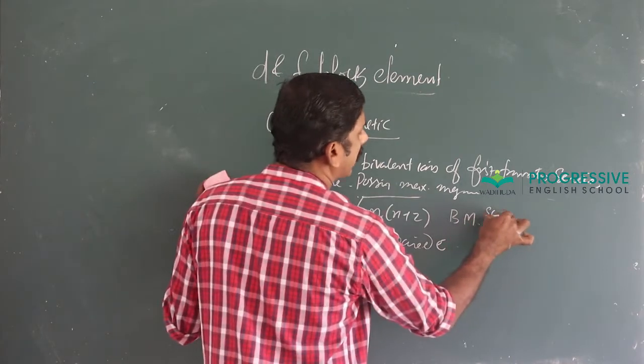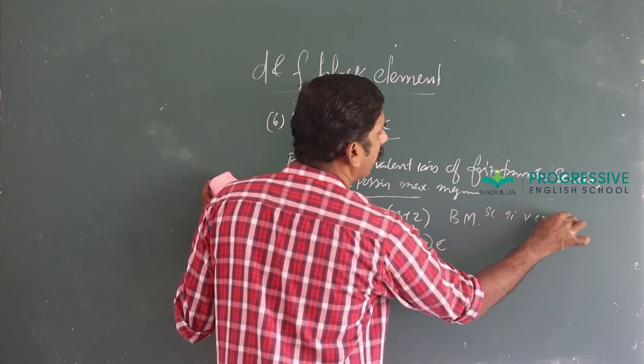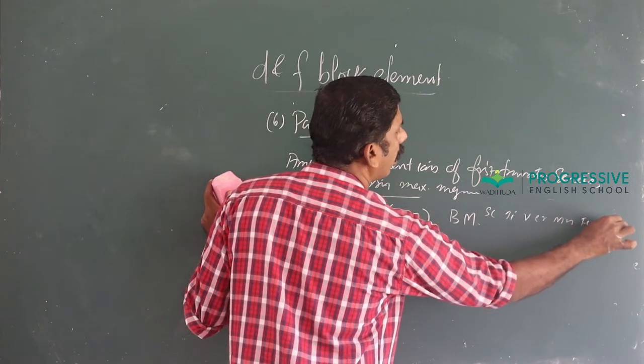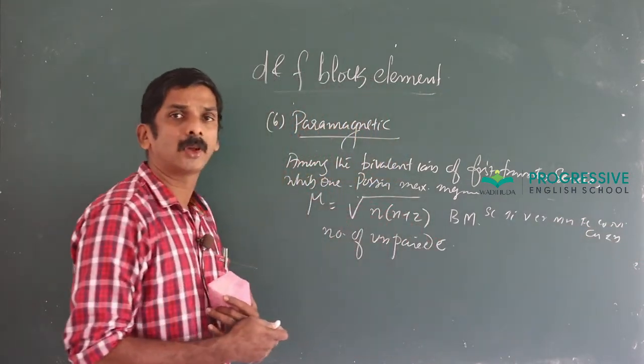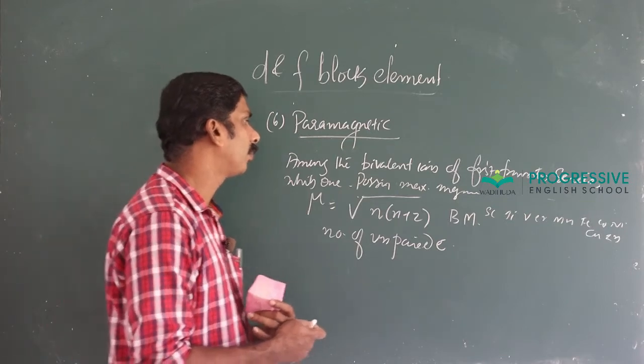Before that, you should have an idea: scandium, titanium, vanadium, chromium, manganese, iron, cobalt, nickel, copper, and zinc are the elements of the first transition series.